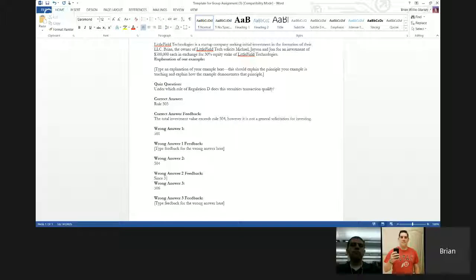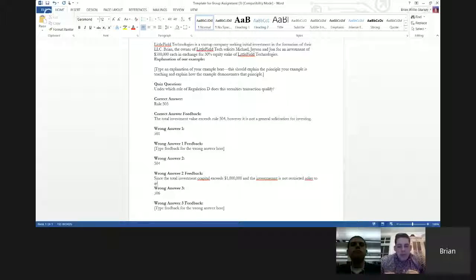Since the total investment capital exceeds $1 million, and the investment is not restricted solely to accredited investors, it does not qualify under Rule 504.